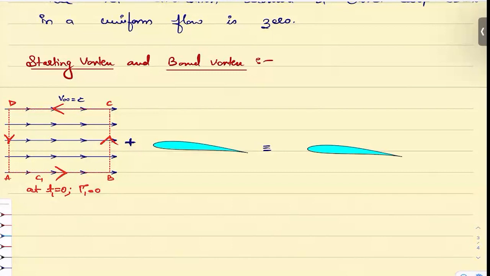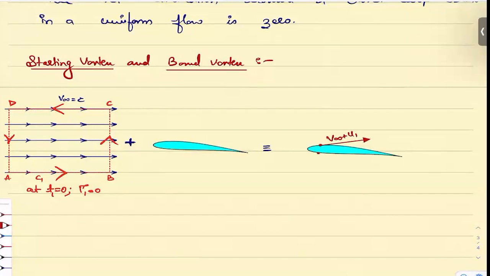So I'm going to mark those velocity changes. On this surface, let's take a point on the upper surface. At this point, the velocity will become V infinity plus u1 on the upper surface.